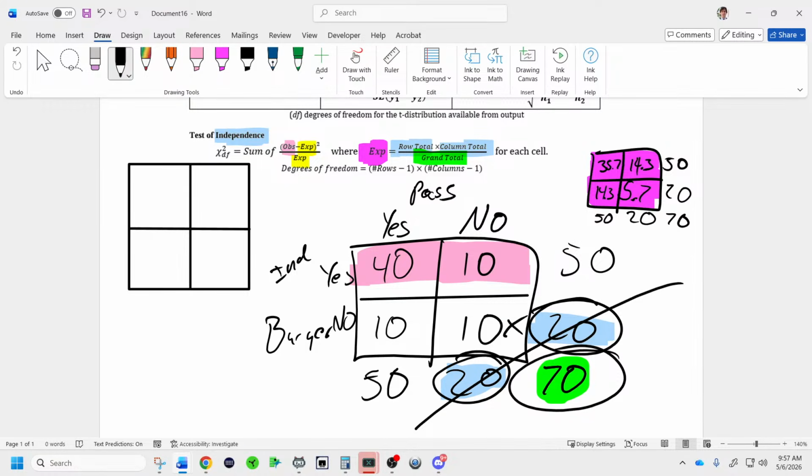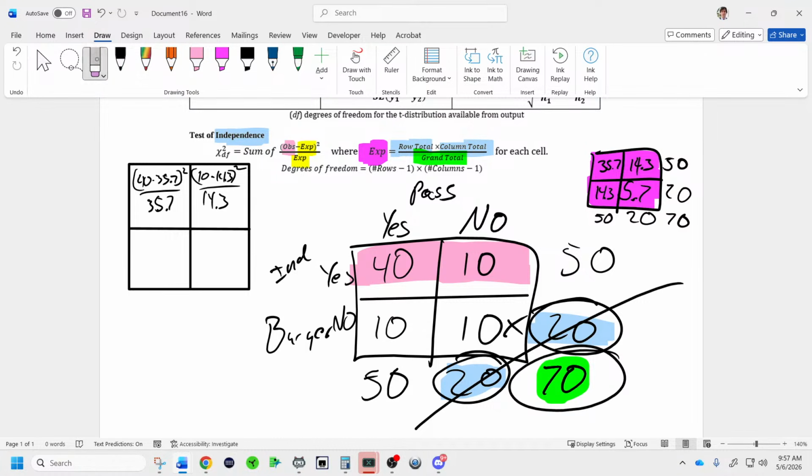You would take 40 minus 35.7, quantity squared over 35.7, and that equals that cell chi-squared. Then 10 minus 14.3, quantity squared over 14.3. We'd have to do all of it, and this is going to equal certain values.